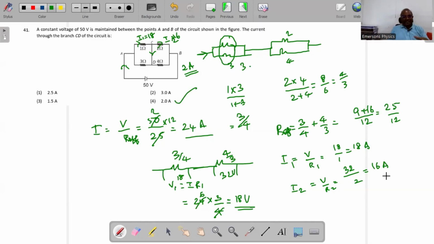This is one of the easy methods you can follow for this type of sum. Otherwise, it is a very complicated sum to solve.